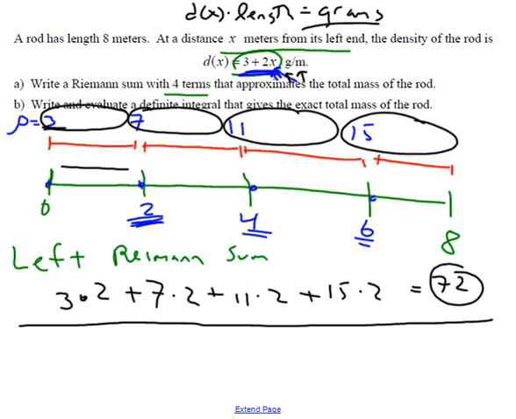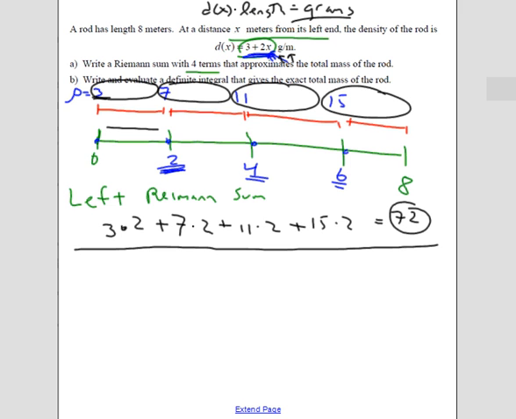exactly, what I would do is think about some little cut there, which is dx. And at that point, my density is 3 plus 2x. So for a given little cut in the rod, the change in the mass equals the density times the change in x.